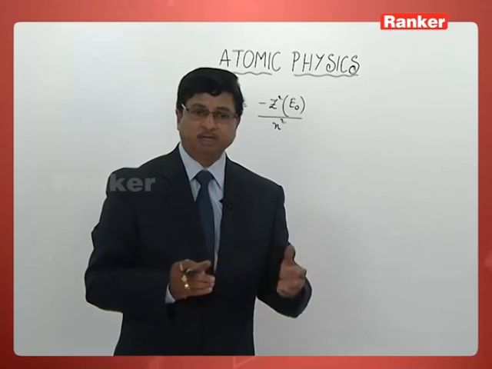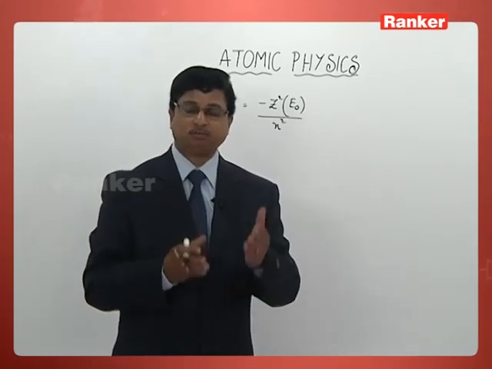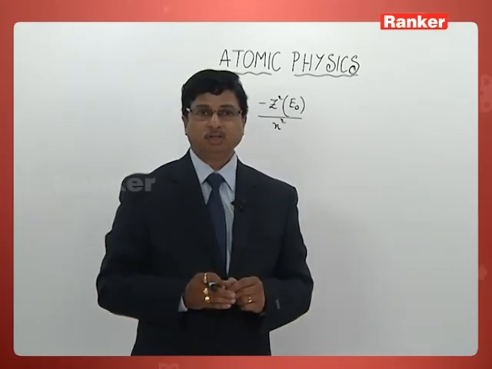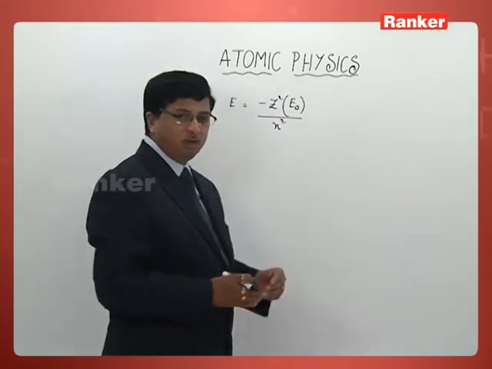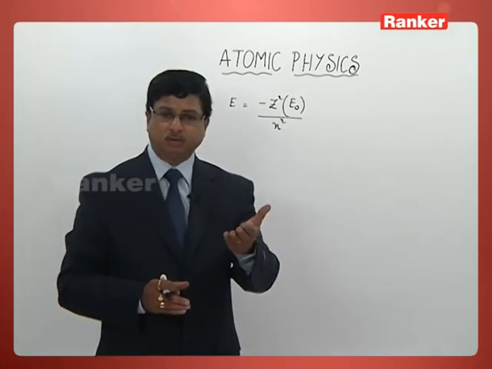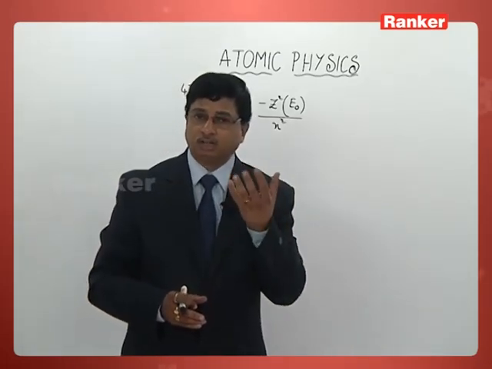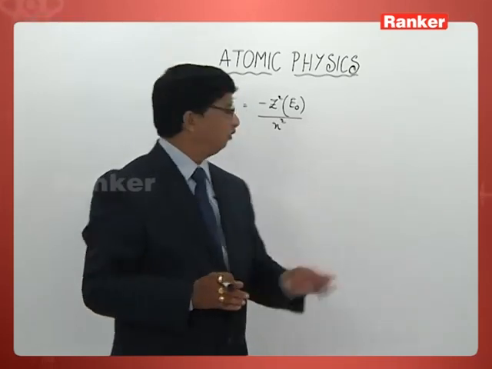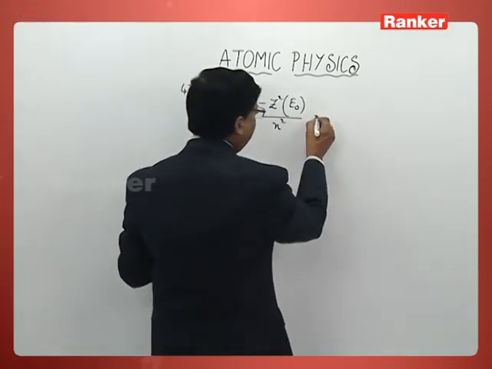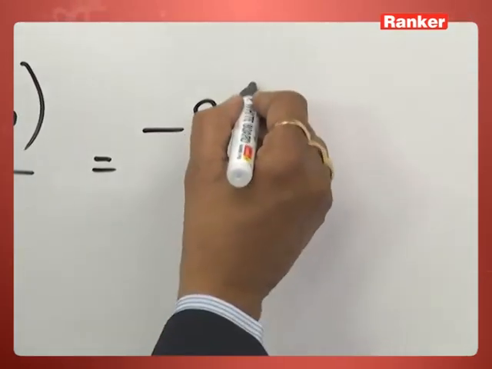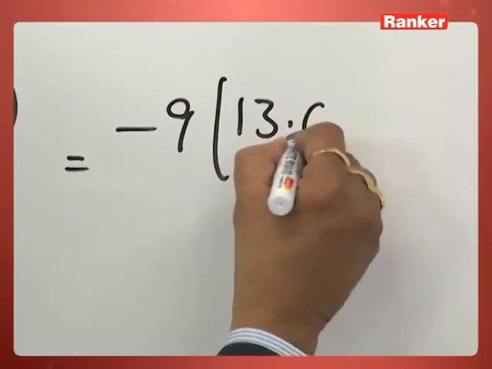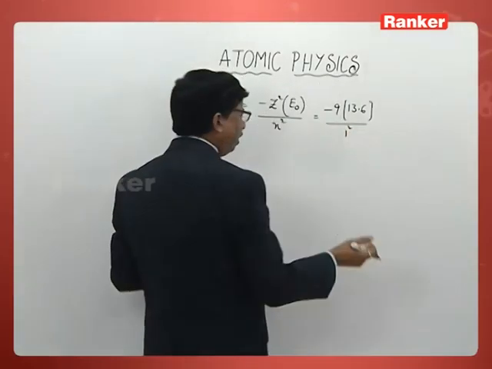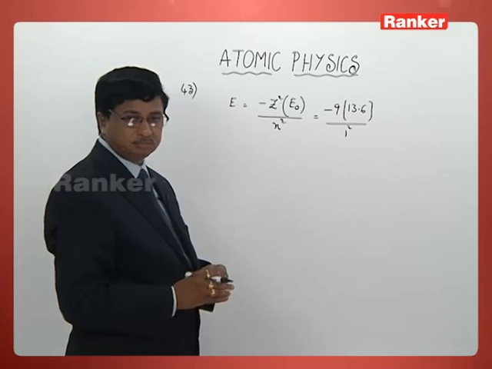But here he is talking about lithium, for which Z is known to us as 3. And E naught he has given, which of course we know is 13.6 electron volt, a value known to every one of us. So it is minus Z square into 13.6 by 1 square, whether you write it or not, it is 1.